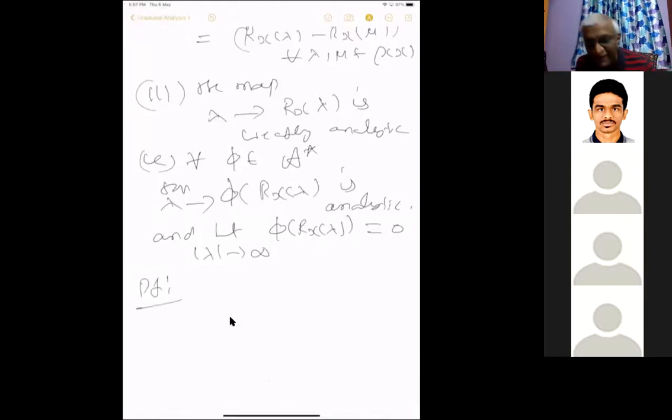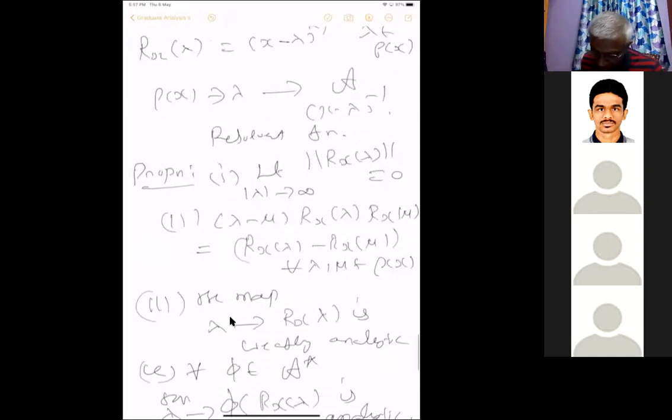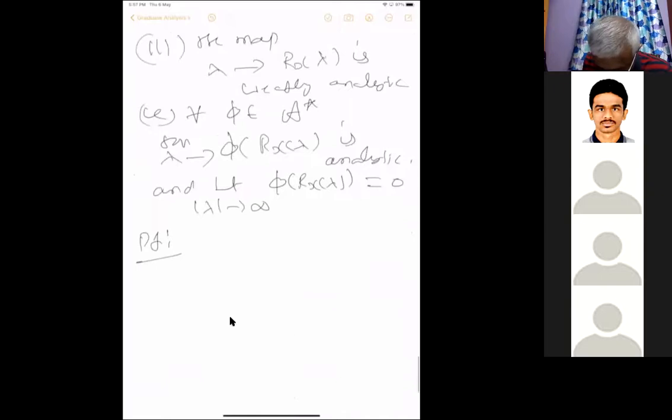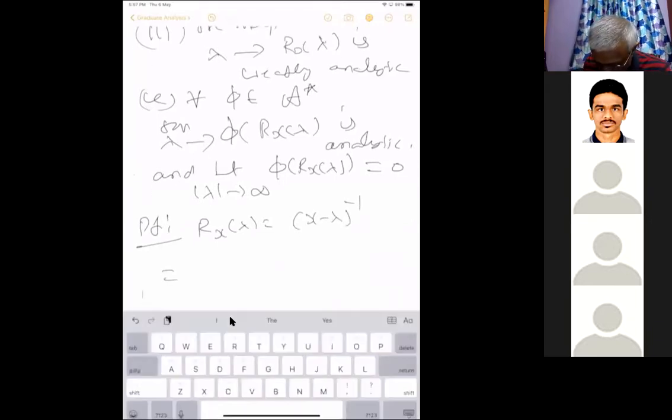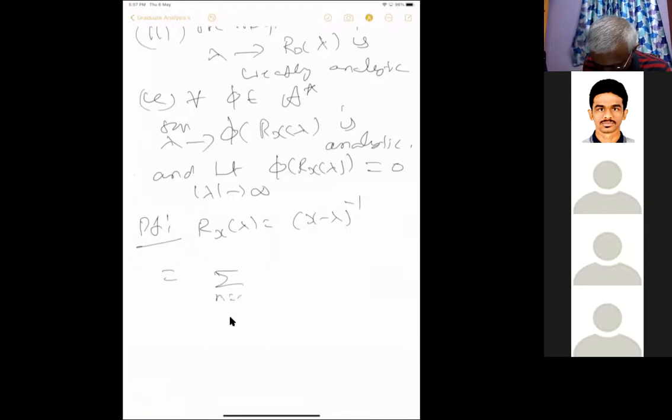I wanted to write proof, but I was writing something else. Okay, so the first thing is clear. Because Rx lambda, which is just (x minus lambda) inverse, is equal to the summation n equal to 0 to infinity of minus x power. We want to talk about the norm.